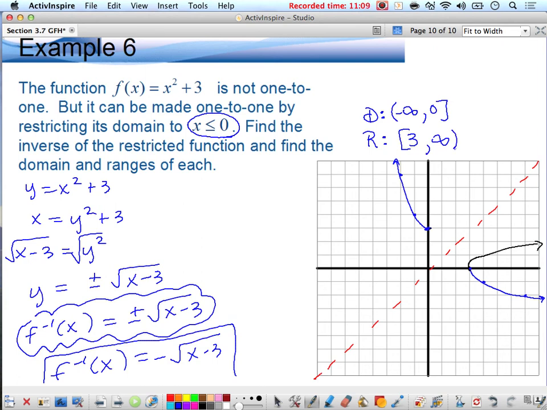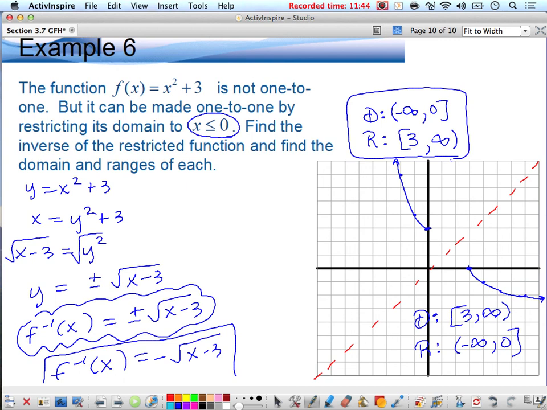Over here, what's the domain of the inverse? 3 to infinity. That's the domain of the inverse. What's the range of this inverse? Negative infinity up to, not 3, 0, the y value, 0. Negative infinity up to 0. Study those and tell me what you notice.